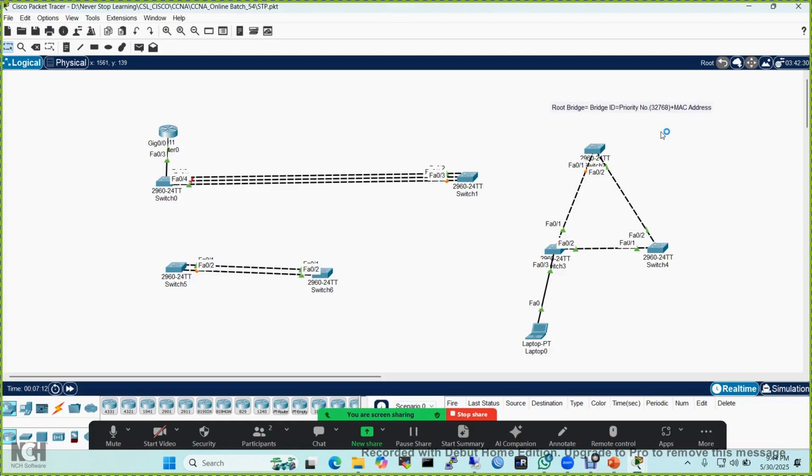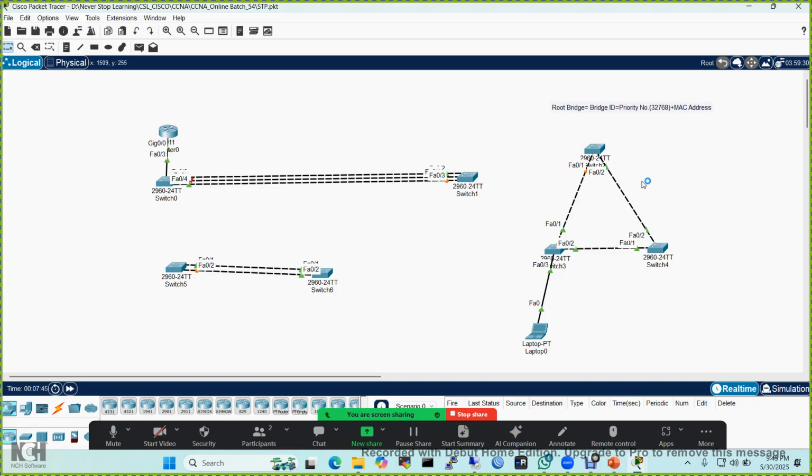Now, which switch's bridge ID will be the lowest if the priority number is the same? We will go for the MAC address, the lowest MAC address. At that time it will check the MAC address. MAC address is not the same for all switches or all ports, isn't it? MAC address is unique for all interfaces. That's why it will not be the same for the three switches.